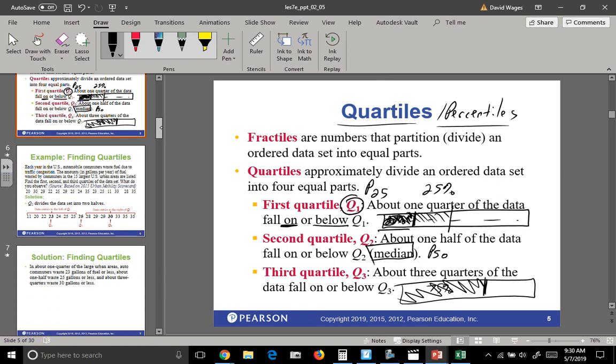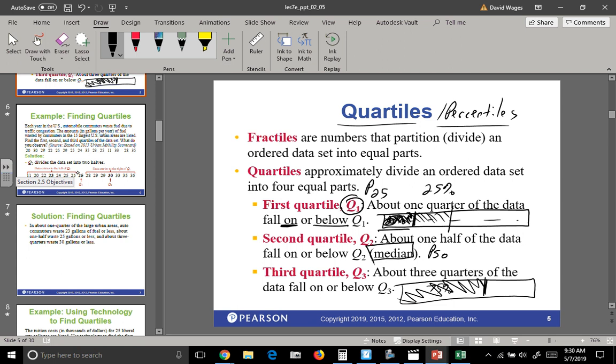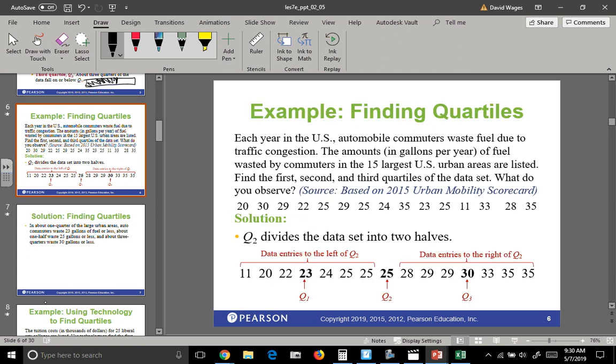So they give us an example here. They give us a list of values, and in this case 25 is the median. That's you have the same number of data points below as you do above. That's also the second quartile. In this bottom half, if we cut the bottom 50% in half, then this would be the middle of that section.